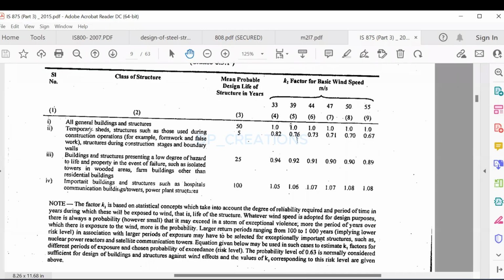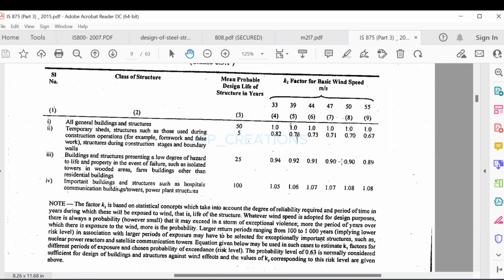So for general building and structure, then temporary shed, building and structure presenting low degree of hazard. So which one you consider? As I told, you can take number 1 or number 3. So you'll take 3. That is your life for 25 years. Okay. So our basic speed is 50. So 50 is column number 8.